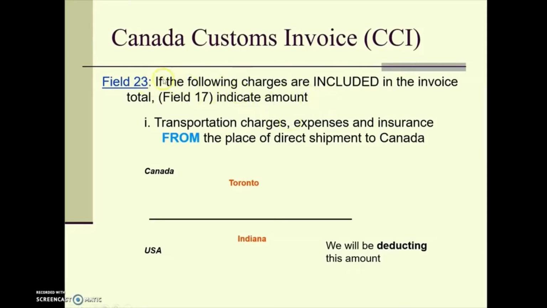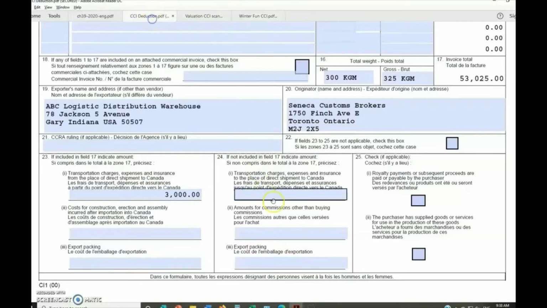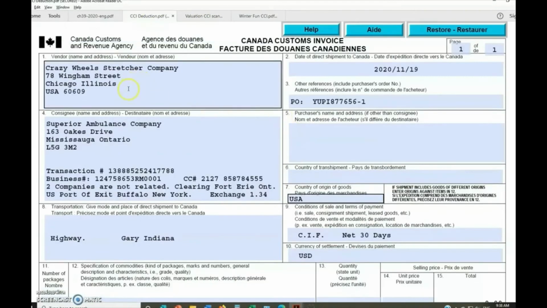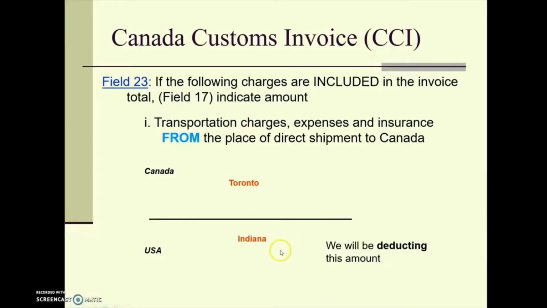Field 23I, if the following charges are included in the invoice, indicate transportation charges, expenses, and insurance from the place of direct shipment to Canada. So let's say we have a shipment from Indiana to Toronto, which is actually our example. Shipments from Indiana coming to Mississauga. And we have international freight.